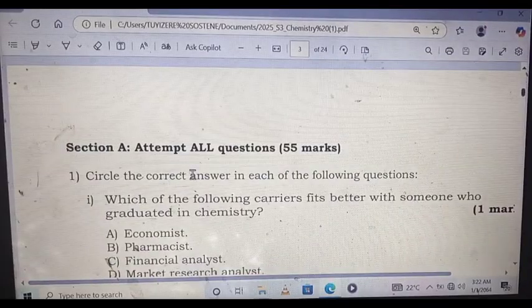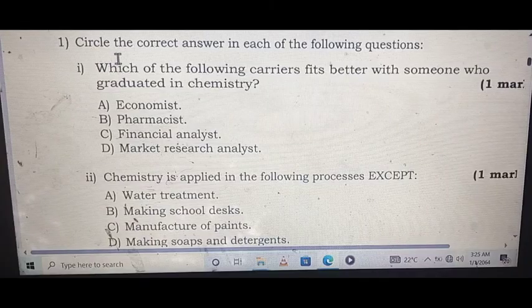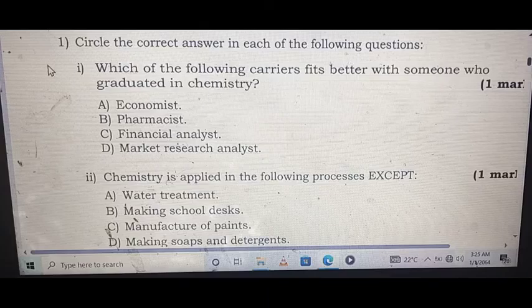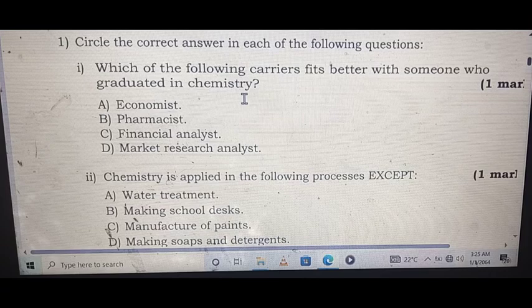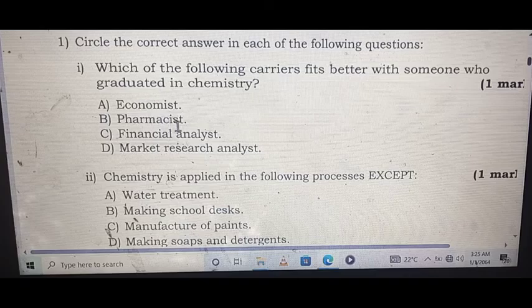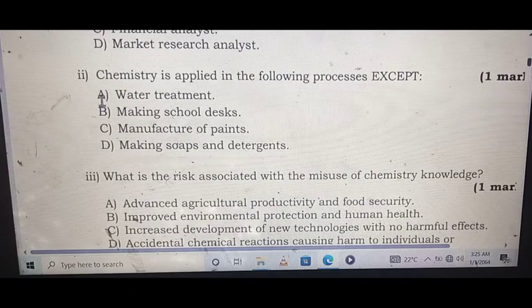Section A, attempt all questions. Question 1. Circle the correct answer in each of the following questions. 1. Which of the following careers fits better with someone who graduated in chemistry? The correct answer is letter B, pharmacist. 2.